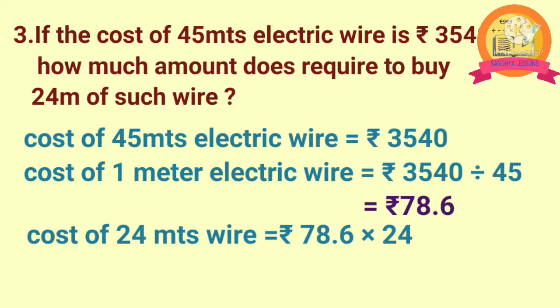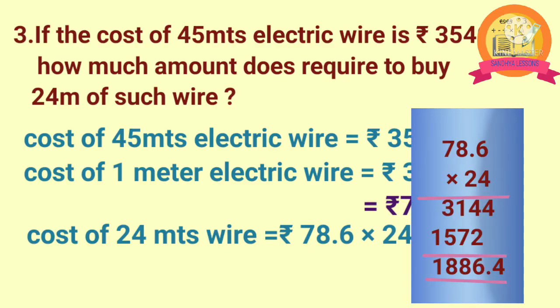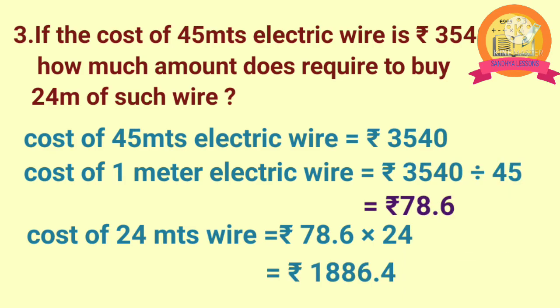Therefore, the cost of 24 meters of such wire, we can get by multiplying 78.6 with 24. After multiplication, we get 1886.4. Therefore, the cost of 24 meters of wire is equal to 1886 rupees 40 paise.